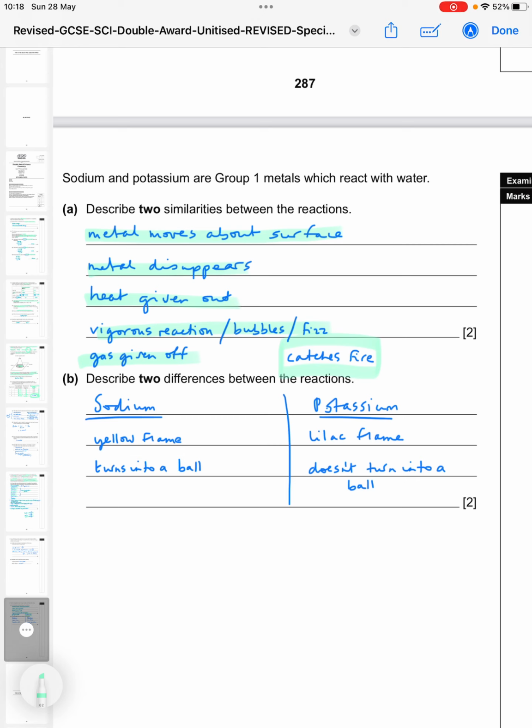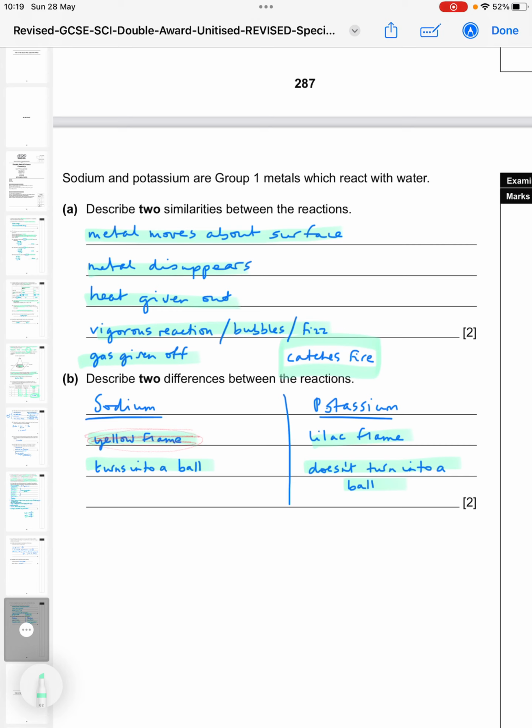And then the other bit, and they did this in the foundation tier as well, I've already had a rant about this there, but again it's contradictory in the CCEA e-guide, their fact files, and then with my gold standards, the Royal Society of Chemistry. So they're saying that sodium turns into a ball and potassium doesn't turn into a ball, whereas the Royal Society of Chemistry state that potassium melts as it reacts.